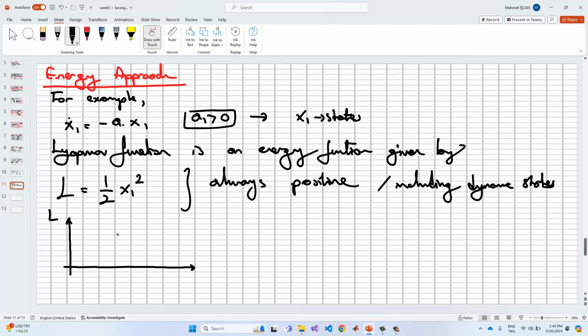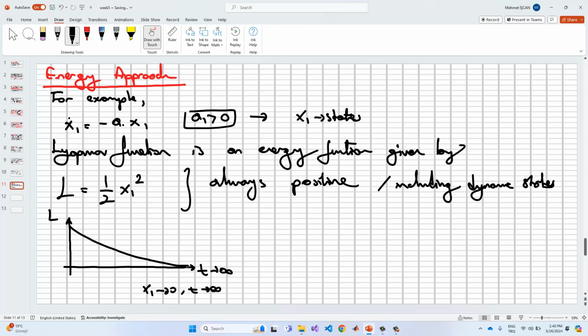And so if we have a condition for the stability rule, we want the system to act like this: when t goes to infinity, this L function goes to 0, and so x1 goes to 0, right? This is our condition.